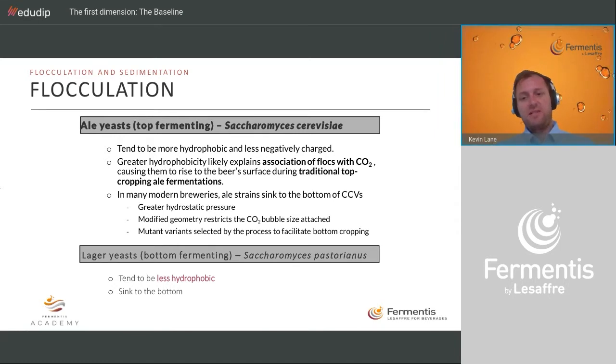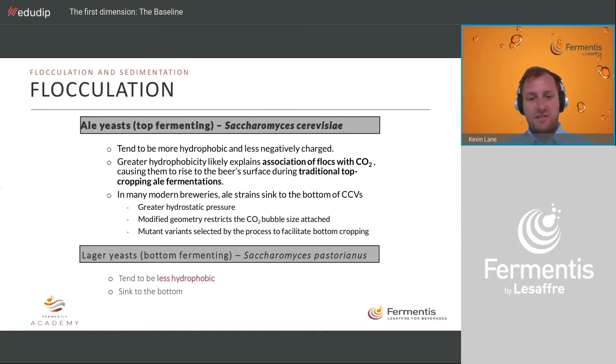Lager yeast, or Pastorianus, really is even more selected, more domesticated over time, because it had a really recent domestication process, given the revolution of cooling technologies, refrigeration, only being present in the not too distant future.